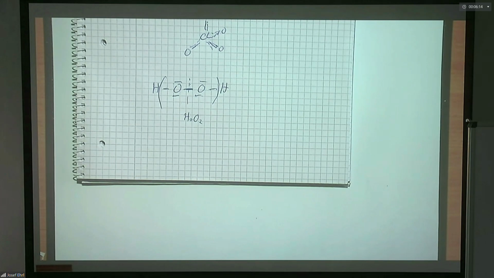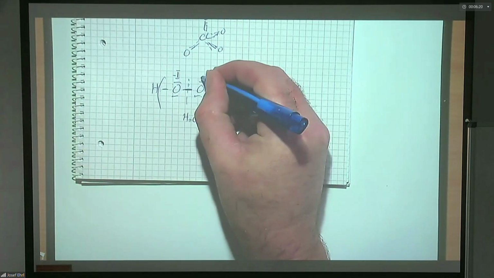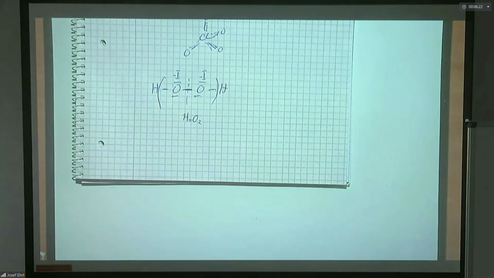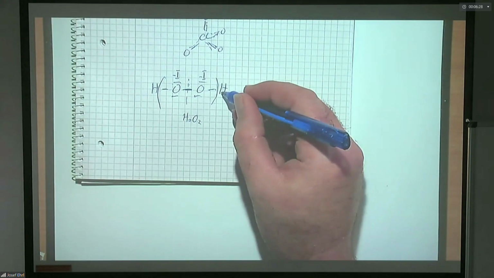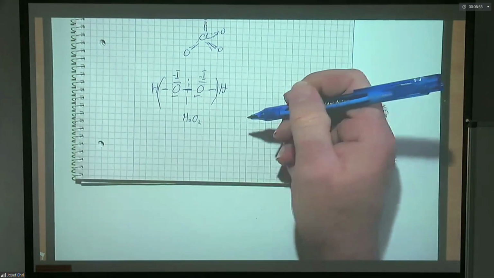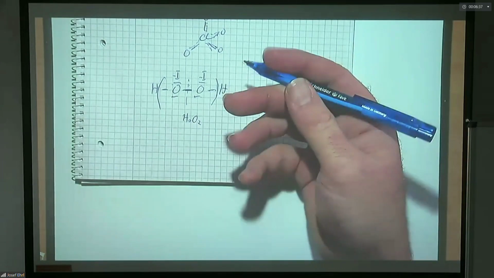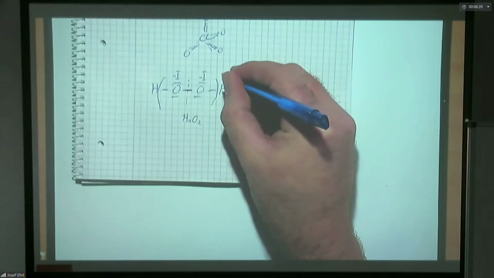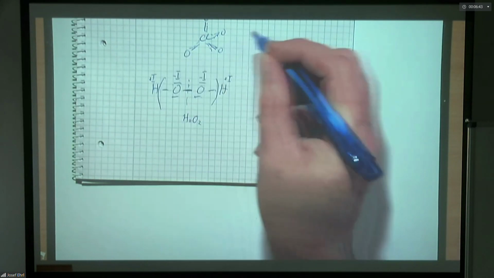And now we have 7, one more than usual. So we have a theoretical single negative charge on the oxygen, and this is also the oxidation number. For hydrogen, we now have 0 electrons instead of the usual 1, so 1 electron less makes a positive oxidation number on both of the hydrogens.